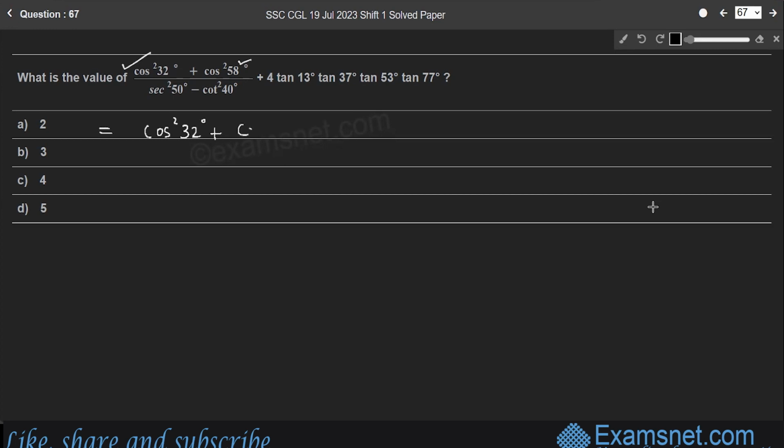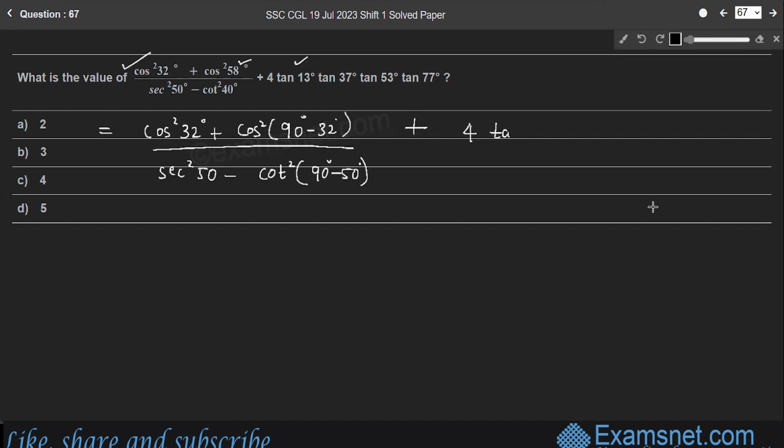So 58 degree can be written as 90 minus 32 degree, divided by, in the denominator, secant square 50 degree minus cot square 40. I'll write 40 degree as 90 minus 50 degree. Plus, the second part becomes 4 into tan 13 degree.